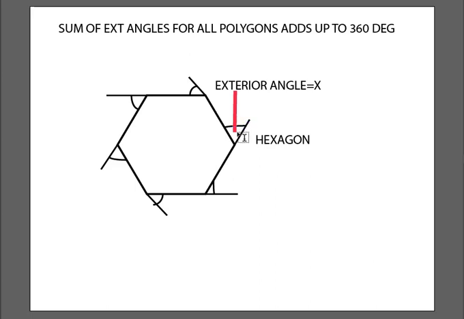So if you've got one exterior angle, this one that I've labeled exterior angle, to find the interior angle, which is this one I'm labeling now, you simply have to say 180 degrees.